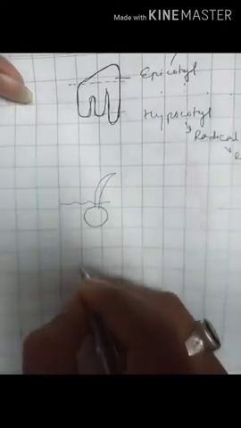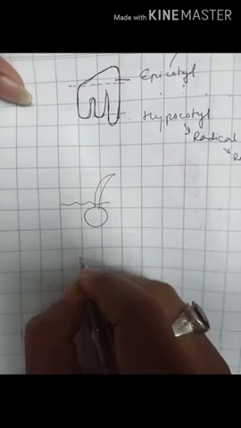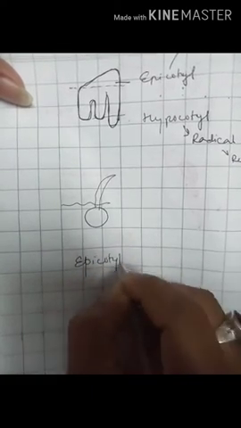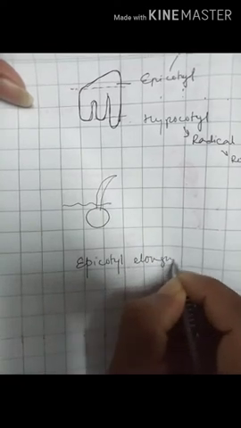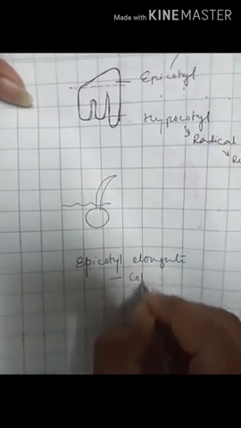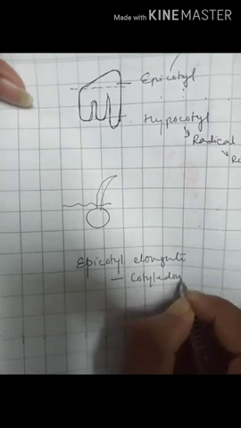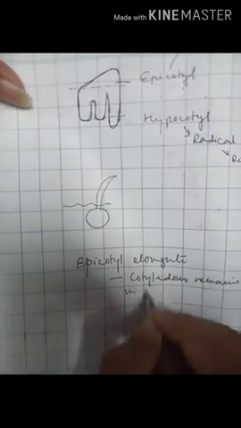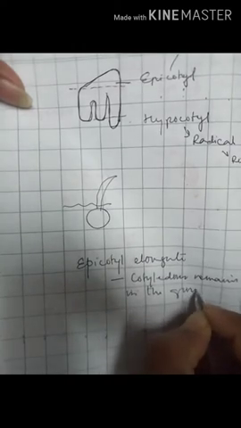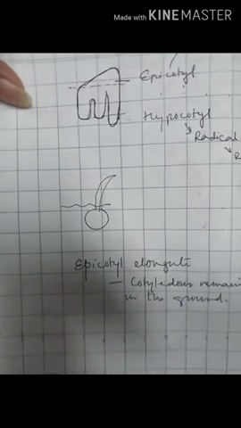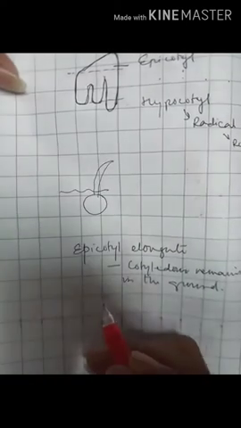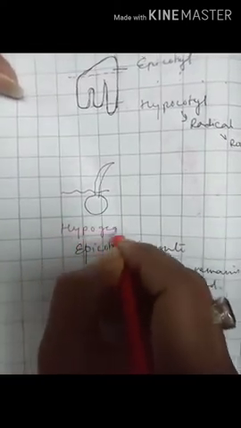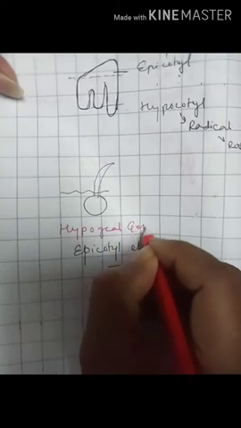Clear? So, the important statement: epicotyl elongates, then cotyledons remain in the ground. Such germination is called hypogeal germination.